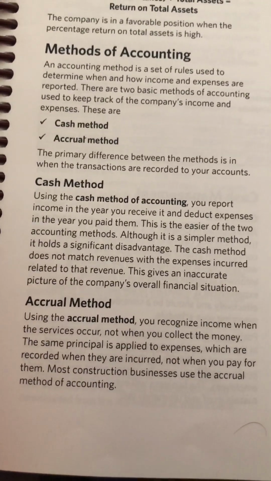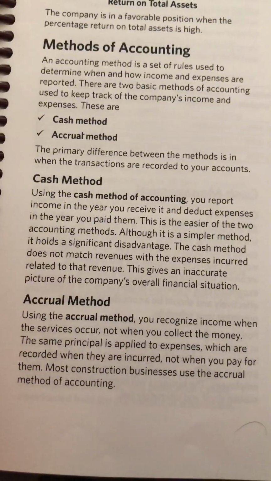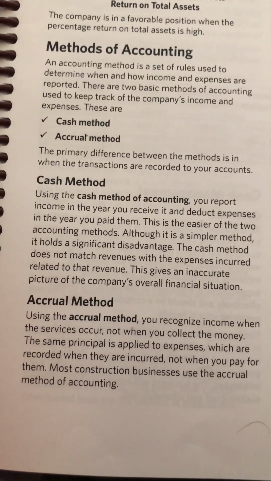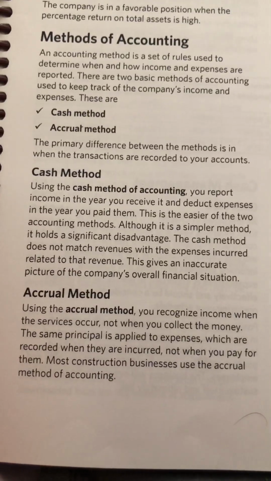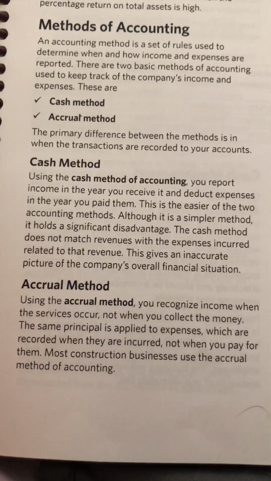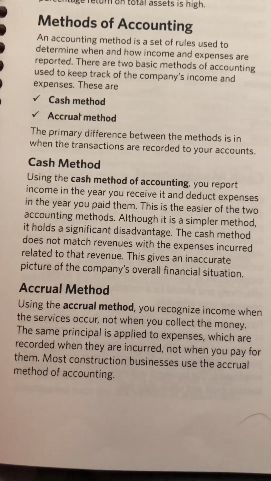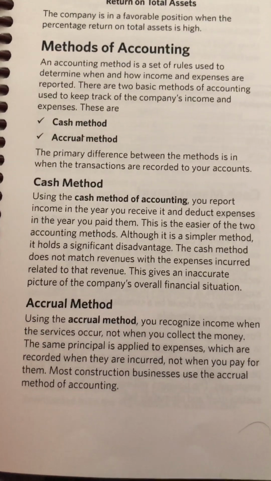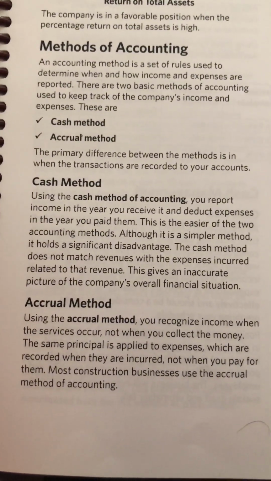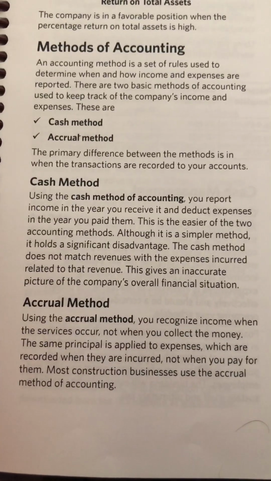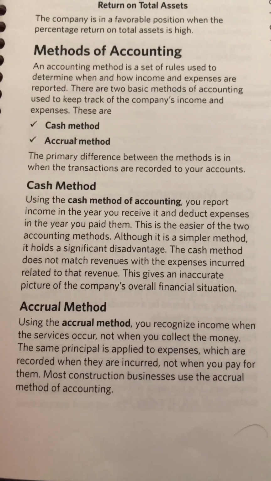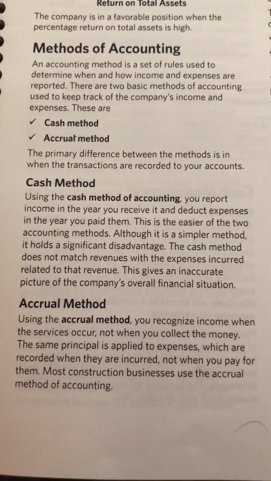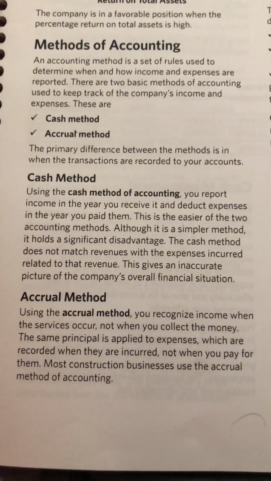It's the easier of the two accounting methods, but it holds a disadvantage. The cash method does not match revenues with the expenses incurred related to that revenue. This gives an inaccurate picture of the company's overall financial situation.